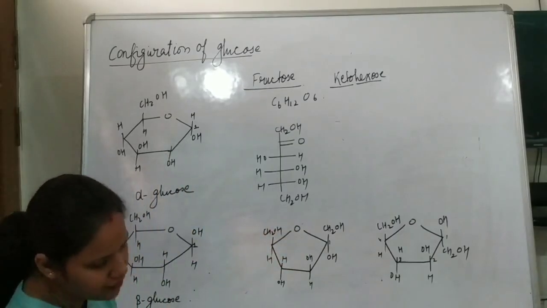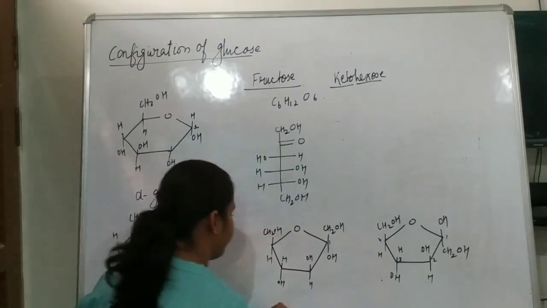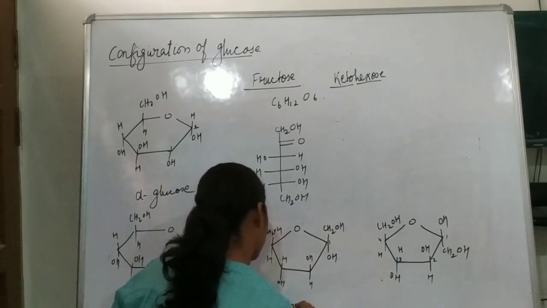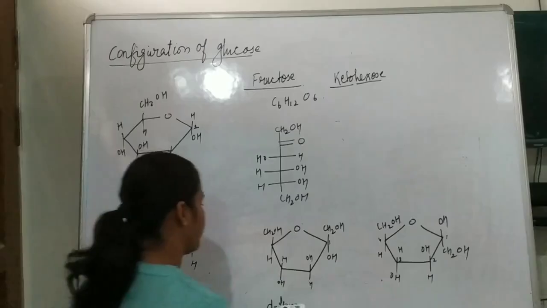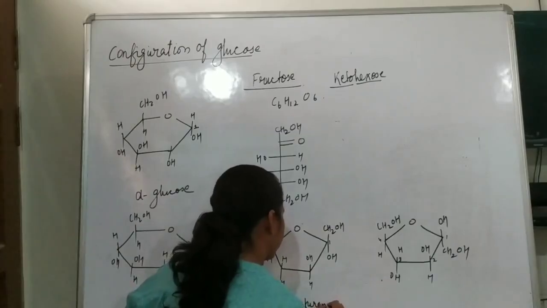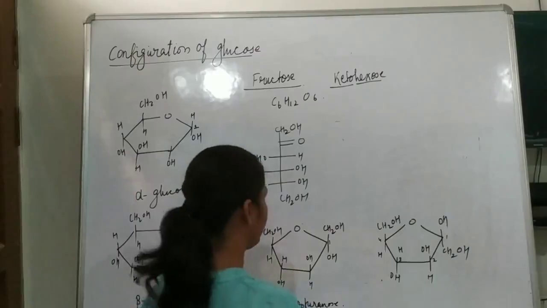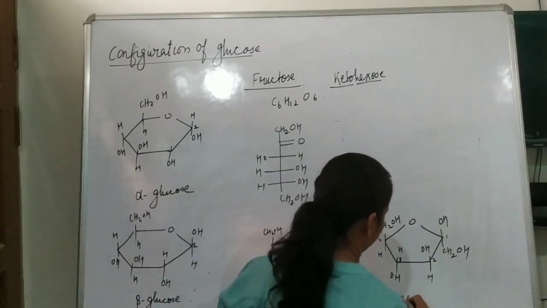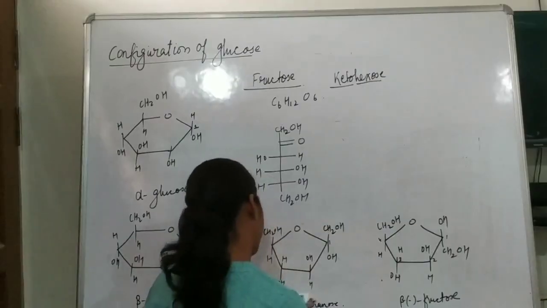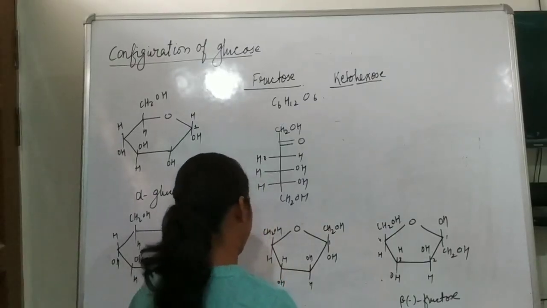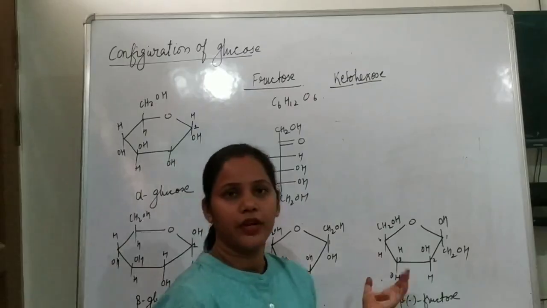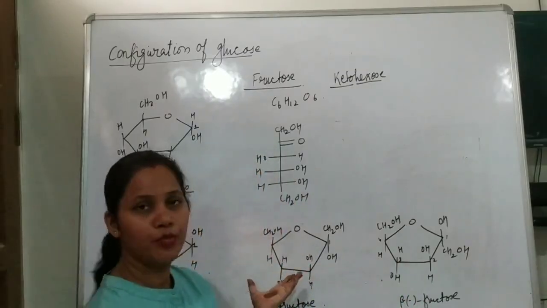This is the structure of alpha fructofuranose, or we can simply write alpha fructose and beta. It is a laevorotatory compound. I hope you are getting this.